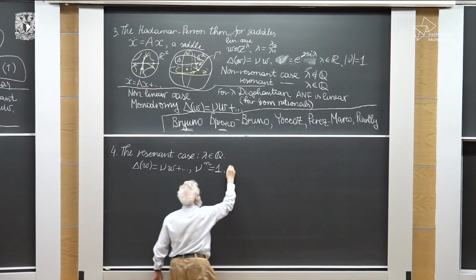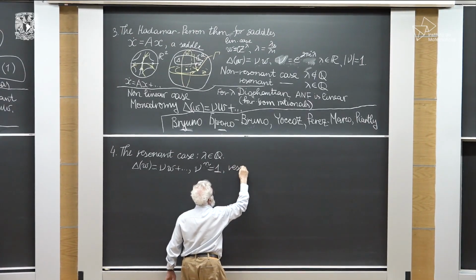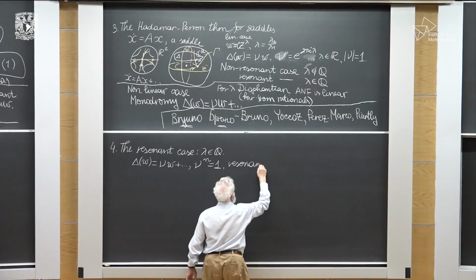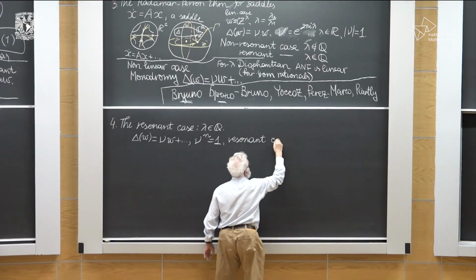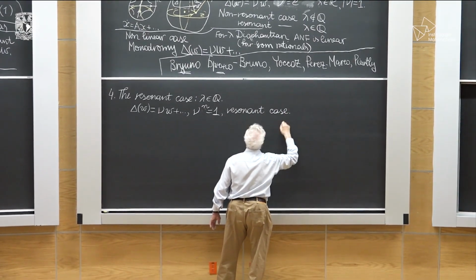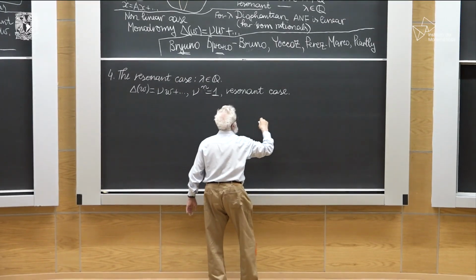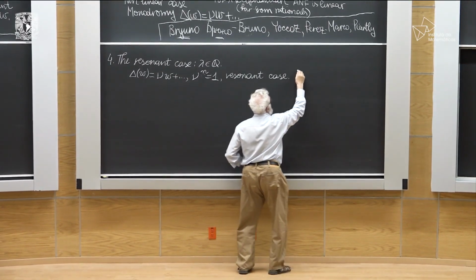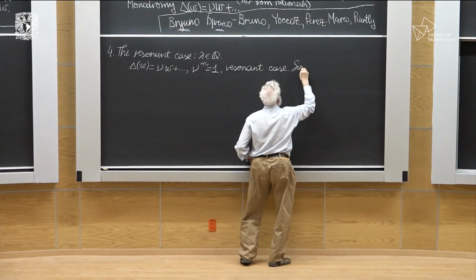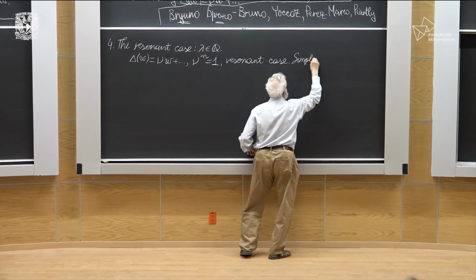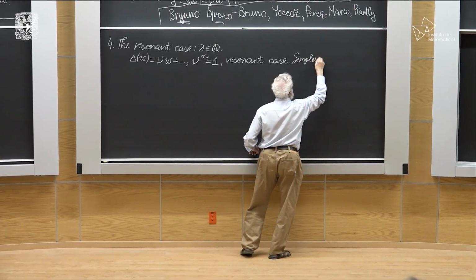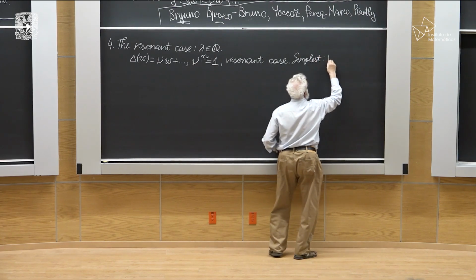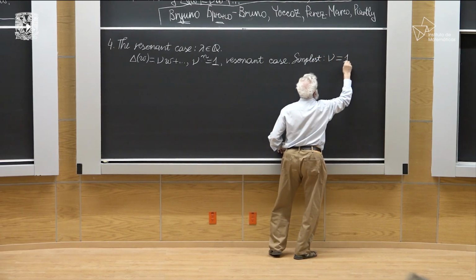And this is the resonant case for the one-dimensional map. Let us consider the simplest version: nu equals 1 itself.